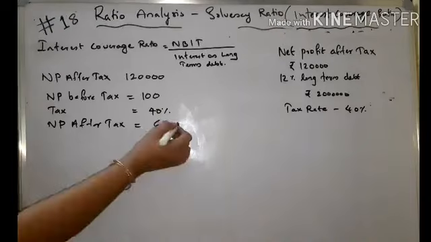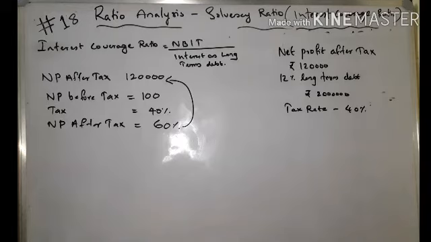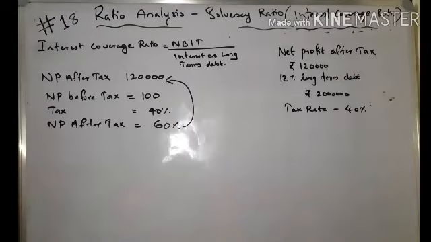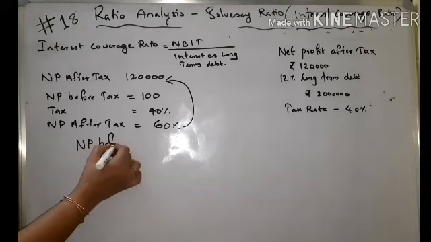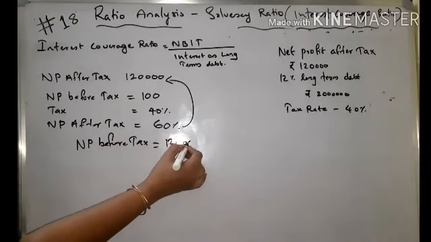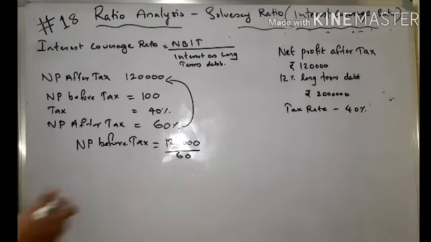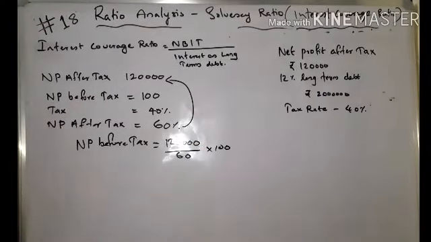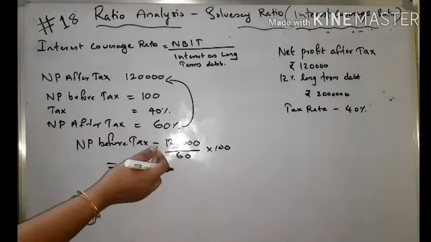Net profit after tax 60% means 1,20,000, that value is given in the question. So 60% represents 1,20,000, but what we need is the net profit before tax, which is 100%. So net profit before tax is equal to 1,20,000 divided by 60 into 100.